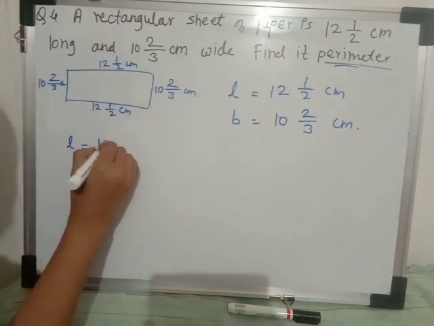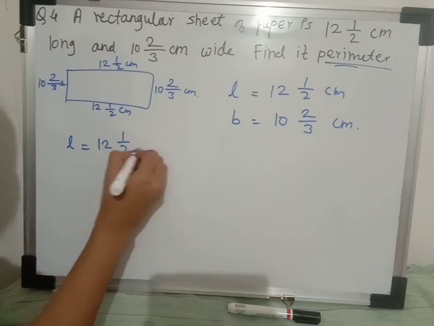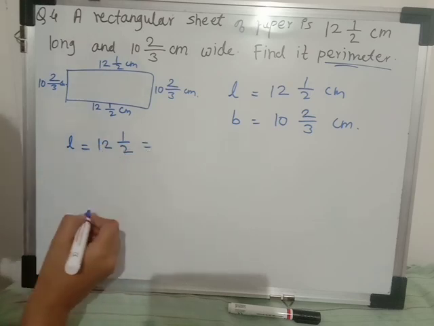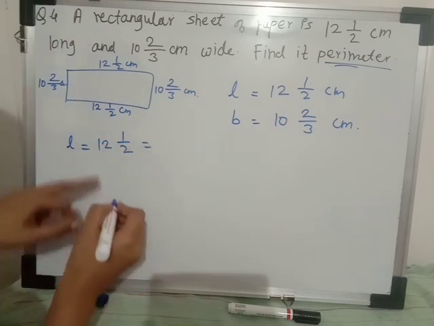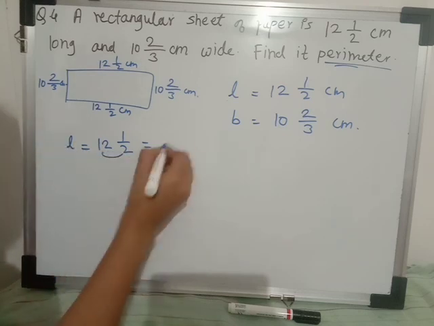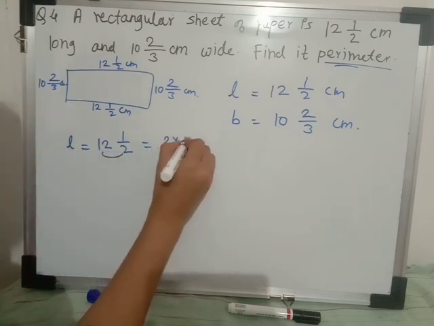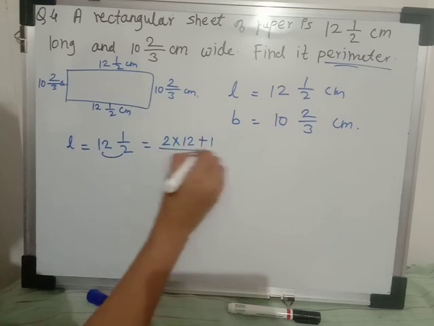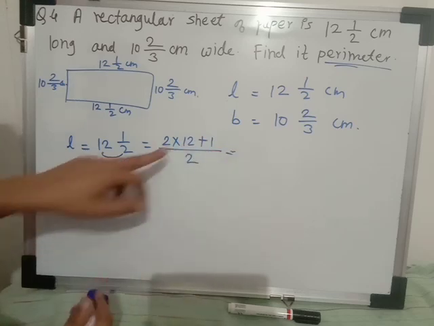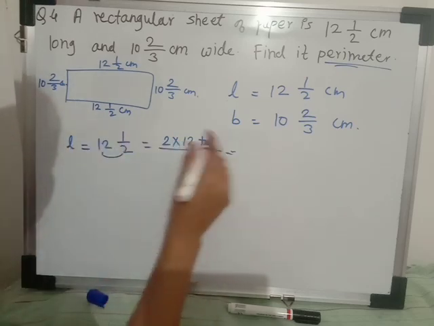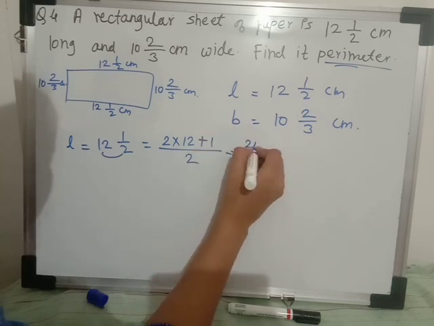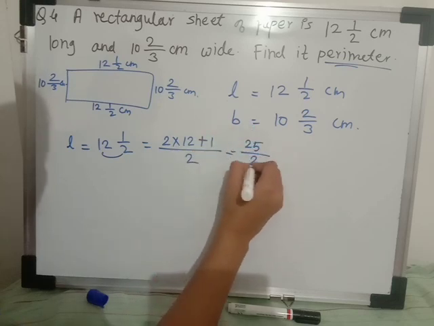So L is equal to 12 1 upon 2. When converting a mixed fraction into an improper fraction, we multiply the denominator with the whole number, then add the numerator, and keep the denominator as it is. So 2 12s are 24, 24 plus 1 is 25, so 25 upon 2.